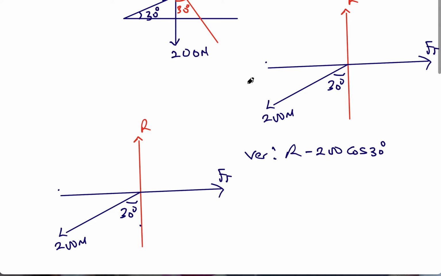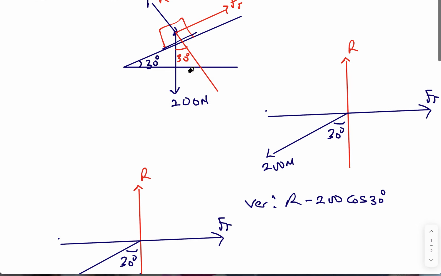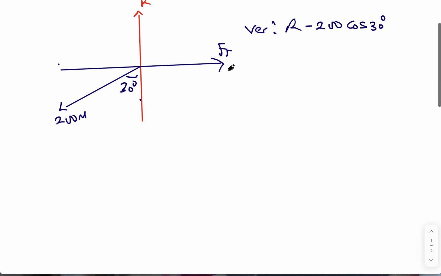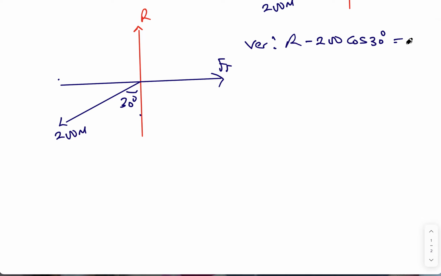And because there will be no movement in this upward direction, at least the object is not bouncing up, neither is it sinking down, that implies that it has no acceleration in this direction, and hence this will be equal to 0. It's supposed to be mass times acceleration, but because there's no acceleration, we equate this to 0. And what does that mean? That means that R will be 200 cosine 30 degrees.